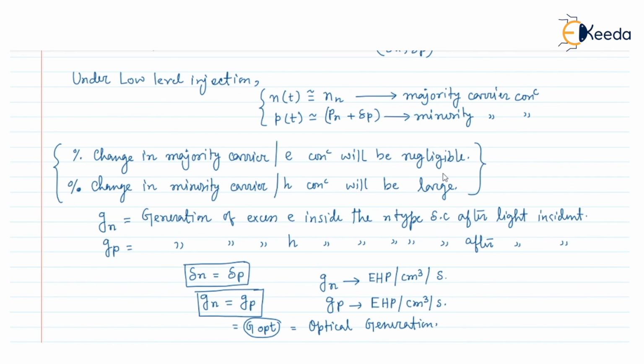So we can say that Gn equals Gp, and it equals G optical. So this is how the N-type semiconductor behaves after the incidence of light due to the non-equilibrium process. Thank you.